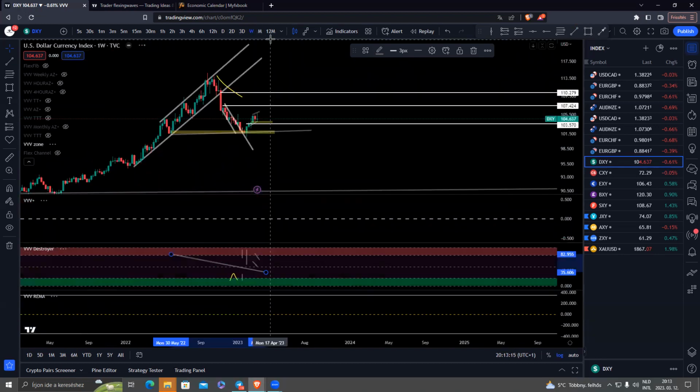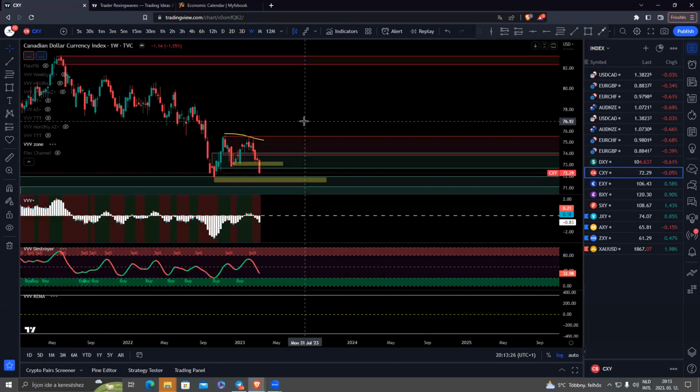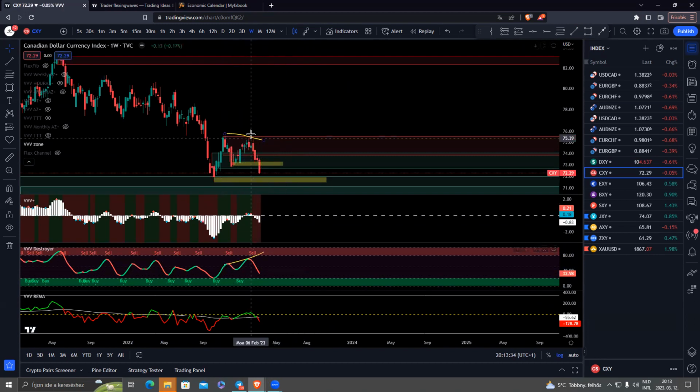Okay, so I want to see those targets actually. The CXY. Yes, as I spoke about this, the Canadian dollar weakness, you see the clear divergence.